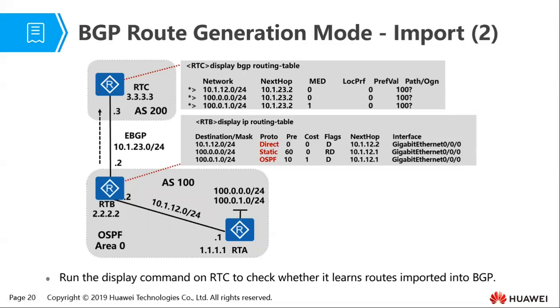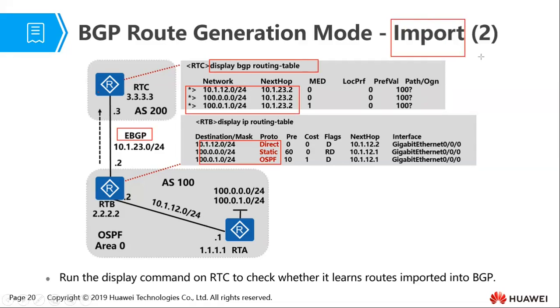If you look at the routing table for RTB, indeed we have the 3 routes that have been learned through direct, static, and OSPF. And if you look at the BGP table for RTC, display BGP routing table, you can actually see that we've advertised those 3 routes using EBGP, using BGP generally.